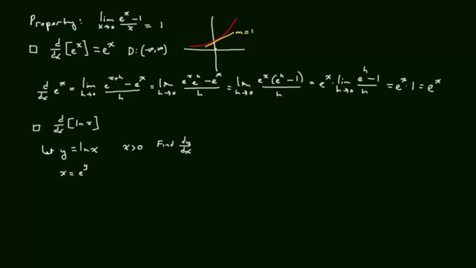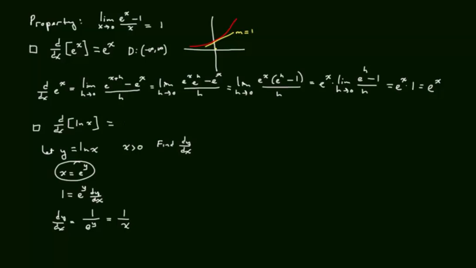Now we use implicit differentiation. The derivative of x with respect to x is 1, and the derivative of e to the y with respect to x is e to the stuff times the derivative of the stuff, employing the chain rule. So dy/dx is equal to 1 over e to the y. Now what is e to the y in terms of x? We defined it here, so this is going to be 1 over x.